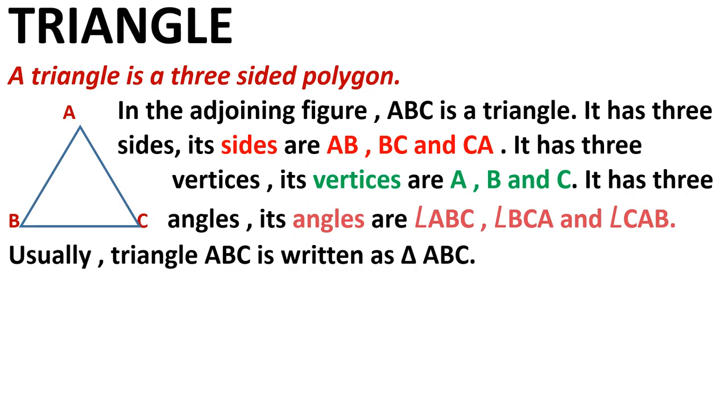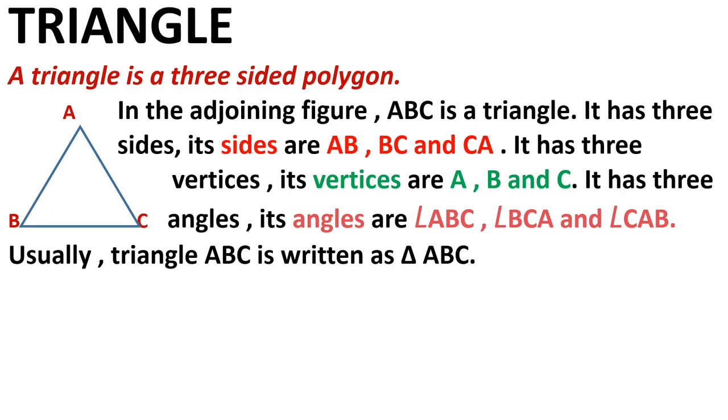When I am saying angle ABC, what does it mean? For which angle am I talking here? I am talking of angle B. Why? Because the vertex always comes in the middle and here B is in the middle.